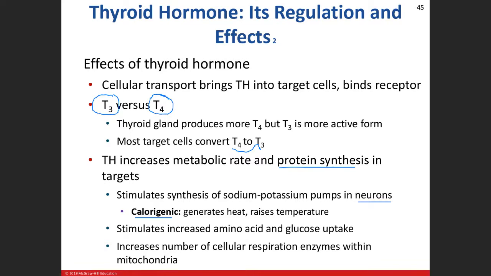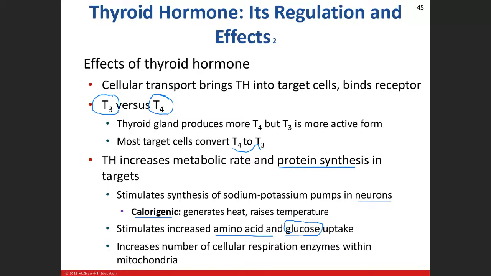So I talked about protein synthesis: what is the building block for proteins? Amino acids. So where can we get our amino acids from? We'll get those when we break down some of our fats. We're also going to want to increase our glucose uptake to help supply energy for these cells.